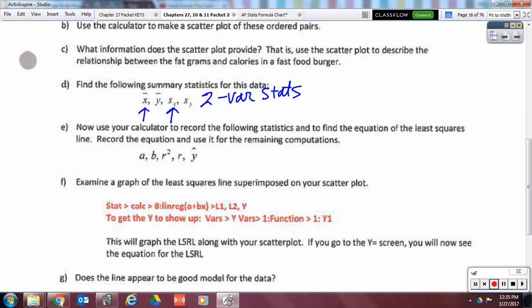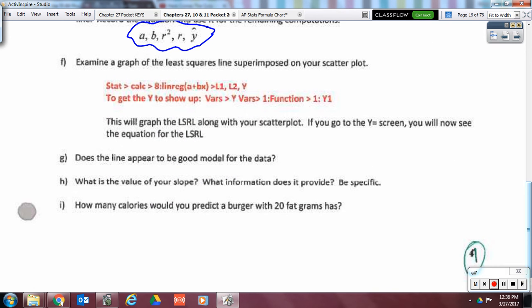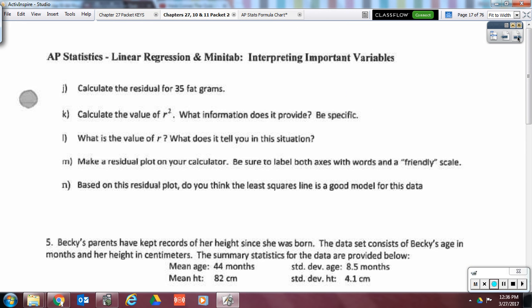How are you going to get these things? Where are you going to get all of these things to come from? In your calculator, you're going to do what? Linear regression. Good. Don't forget that if it's asking, does a linear model appear to be a good fit, then, based on the residual plot, do you think the least squares regression line is a good fit?